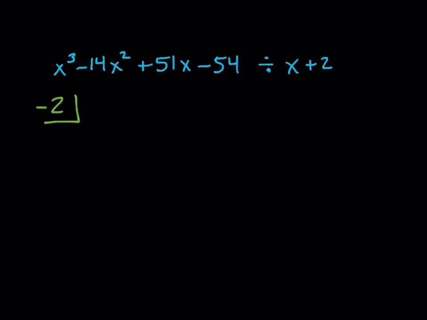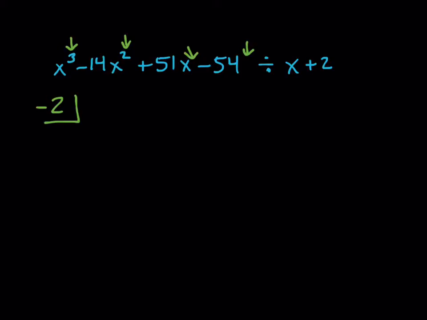Now next to it, we're going to write all of the coefficients of this polynomial and fill in any zeros if there were any missing terms. My terms are degree 3, degree 2, degree 1, and then degree 0, so I don't have any missing terms.